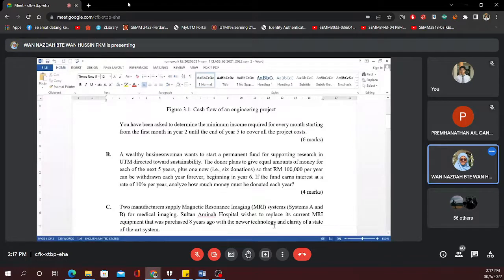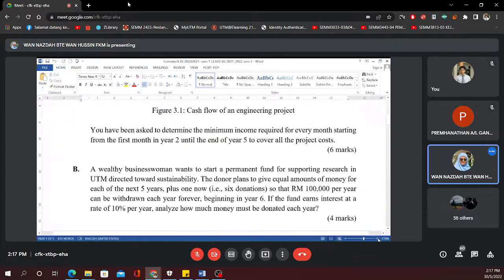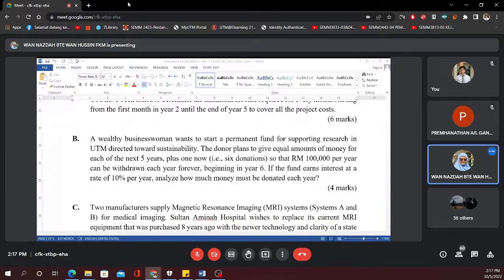Can I see your cash flow diagram? Anybody would like to share your cash flow diagram?